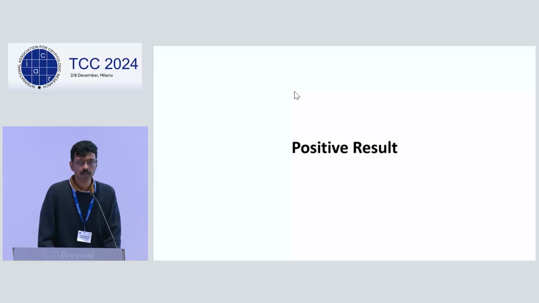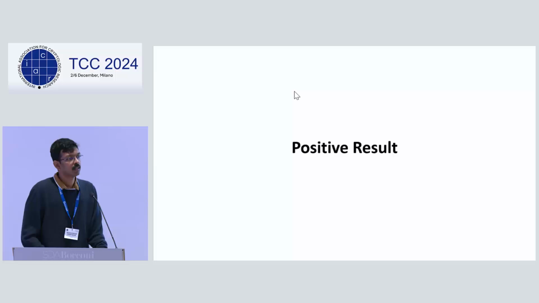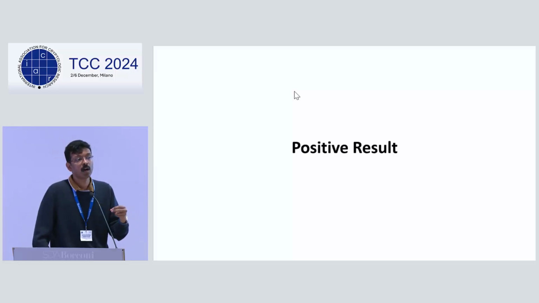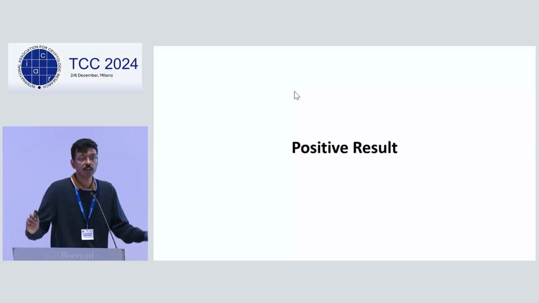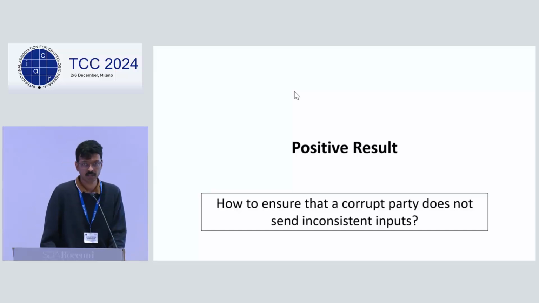Let me quickly go over the positive result. Recall that the key intuition was that the adversary was able to somehow send inconsistent inputs to two different oracle calls, and in order to get a positive result, we must somehow prevent an adversary from doing this.